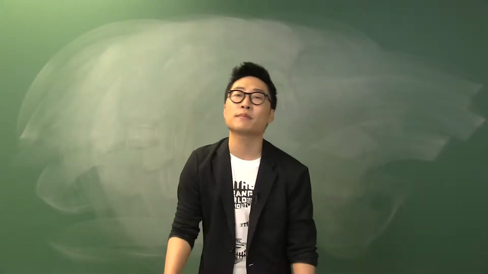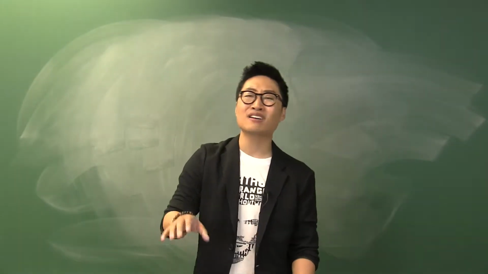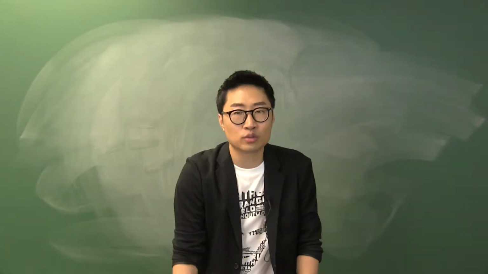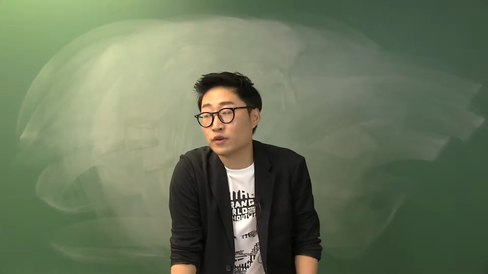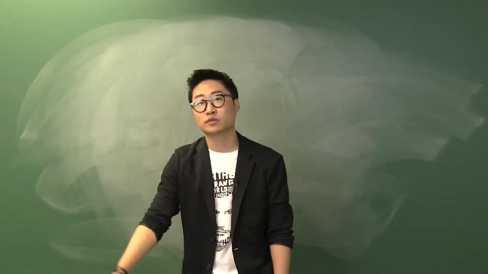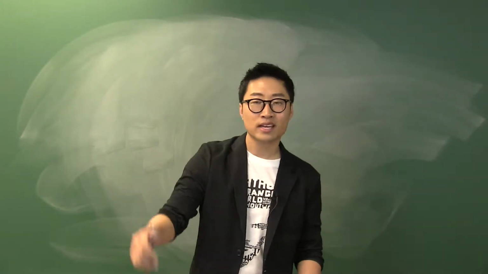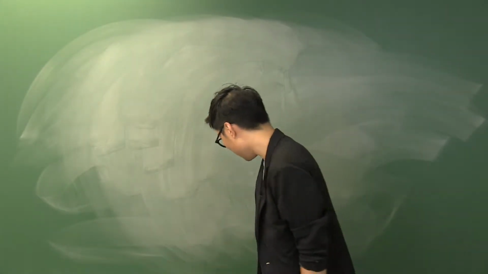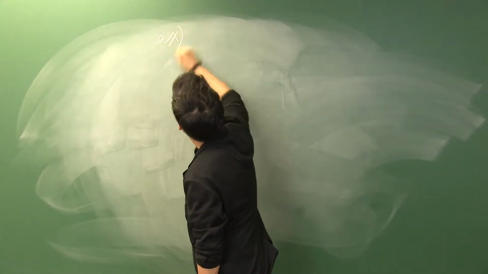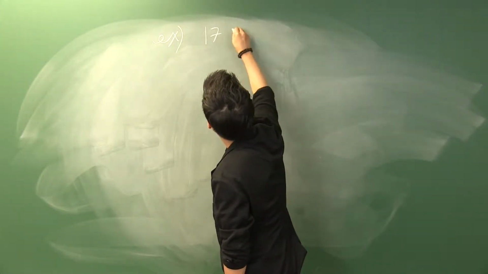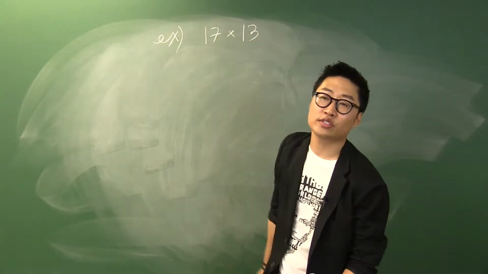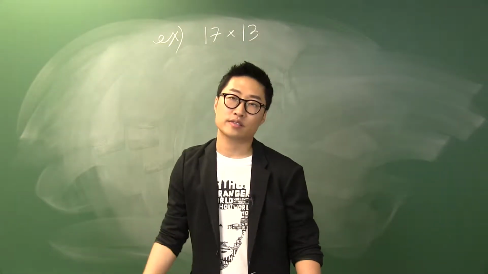So today I'm going to show you a little trick on how to do those multiplications in an easier way than we usually do. Hopefully it'll save you some time and make your process a little more efficient when doing your homework and taking your test. Today we're going to take an example of 17 times 13, and I'm going to do that in 3 different ways.